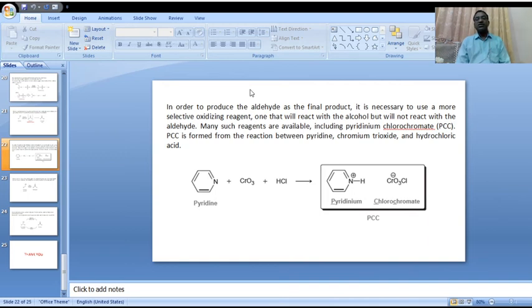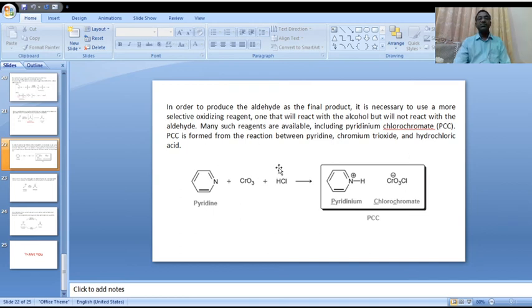Many such reagents are available, including pyridinium chlorochromate. In short form, it is called PCC.